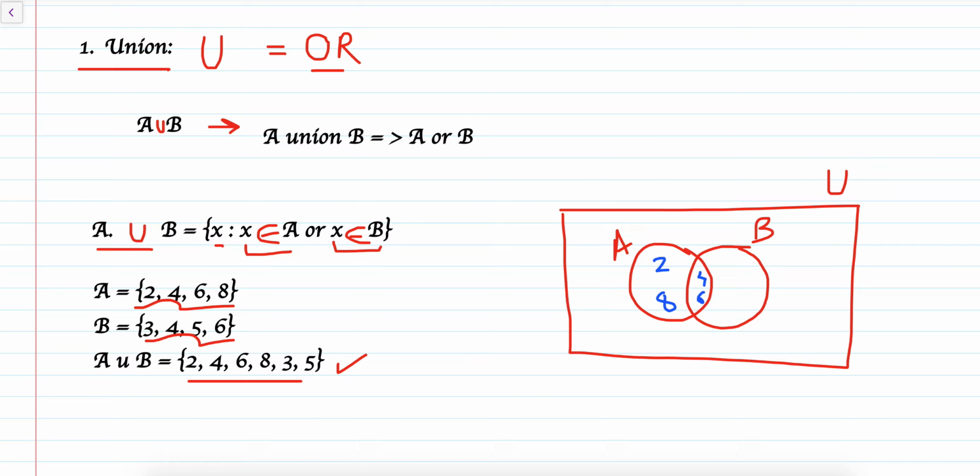Sorry, A does not have 3. Now B has 3, 4 and 5, so 3, 4, 5 and 6. Here 4 and 6 are common to both.